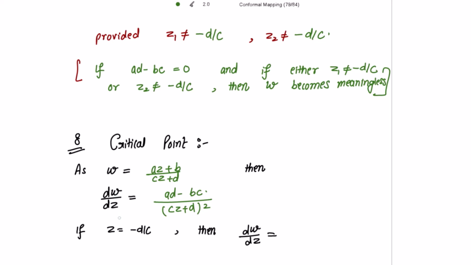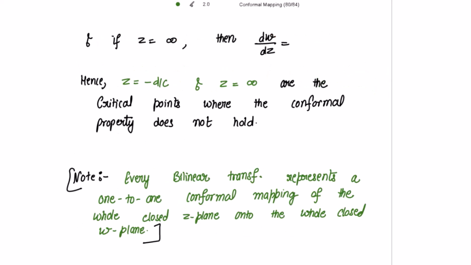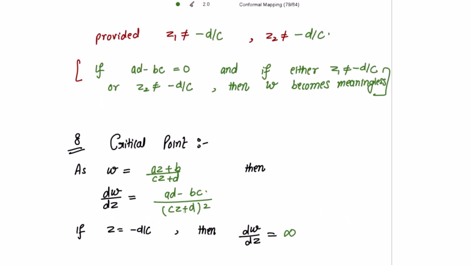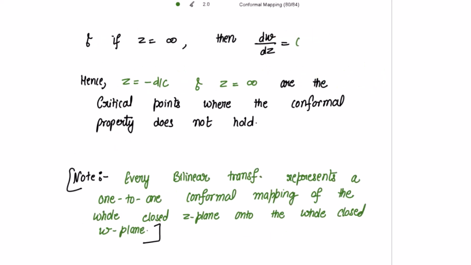And if Z is tending to infinity, then dW over dZ becomes 0. So hence Z equal to negative D over C and Z equal to infinity are the critical points where the conformal property does not hold.